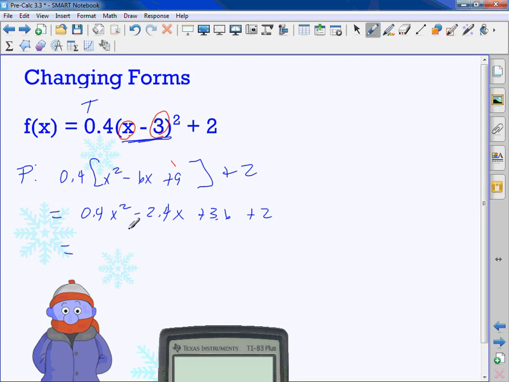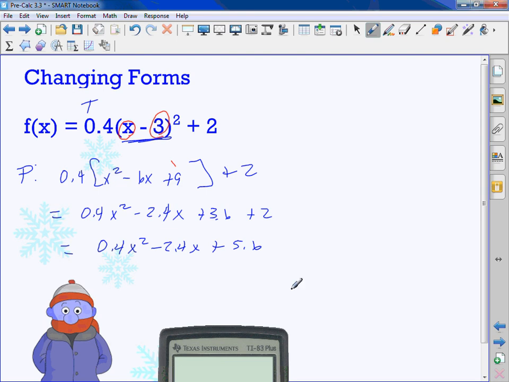Add the 2 and the 3.6. What's 3.6 plus 2? 5.6. I have now changed something in transformation form to polynomial form. That's all we've done, just multiplied out the problem.